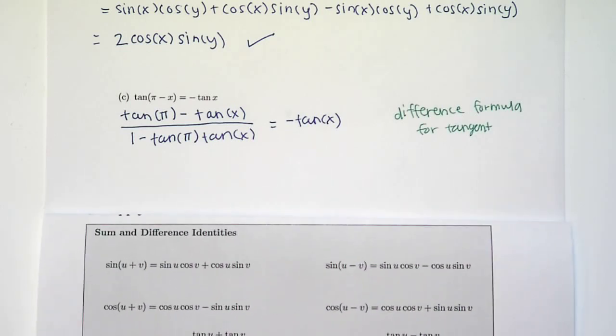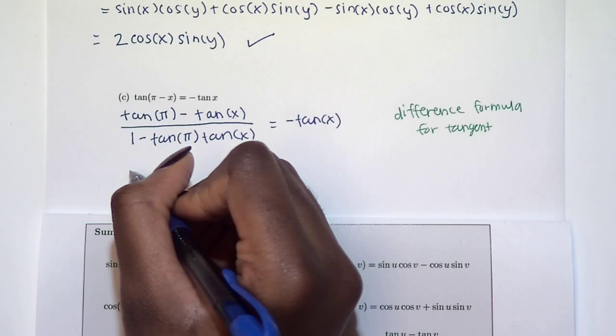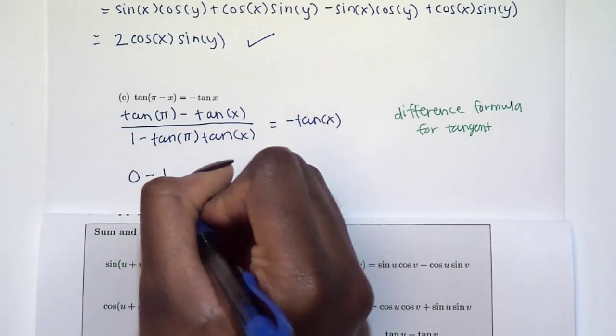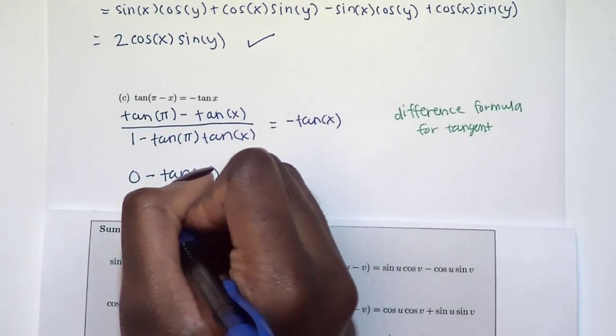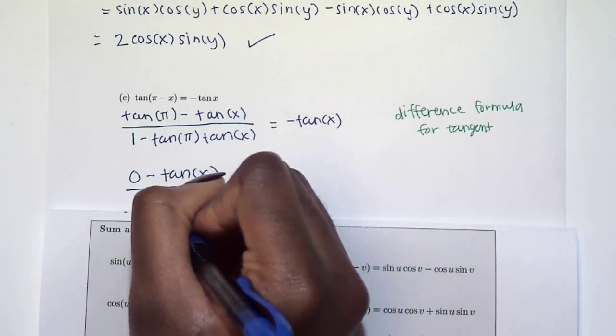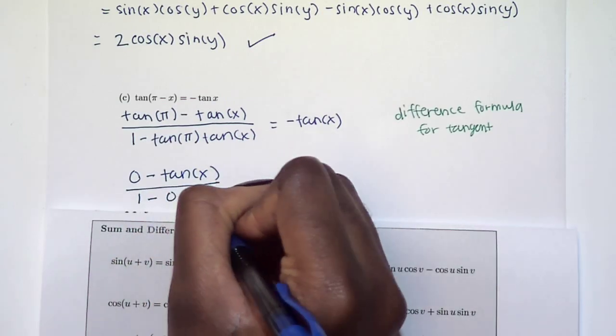Now let's evaluate tangent of pi. If you remember, sine of pi is 0, so tangent of pi is going to be 0. So we have 0 minus tangent x over 1 minus 0 times tangent x.